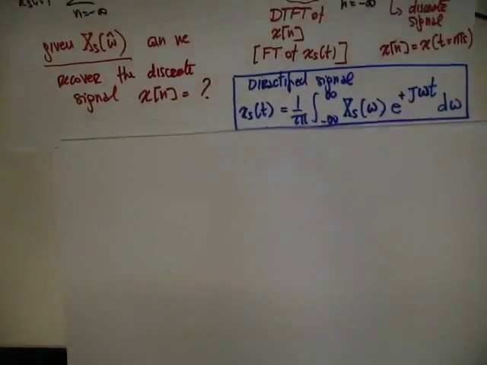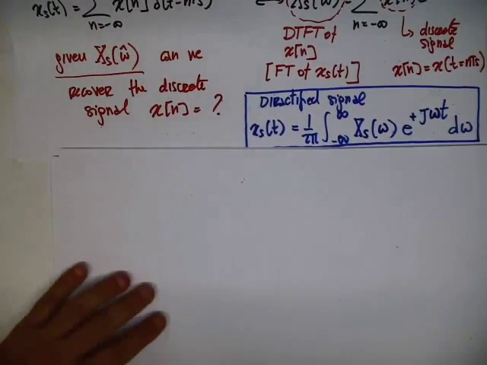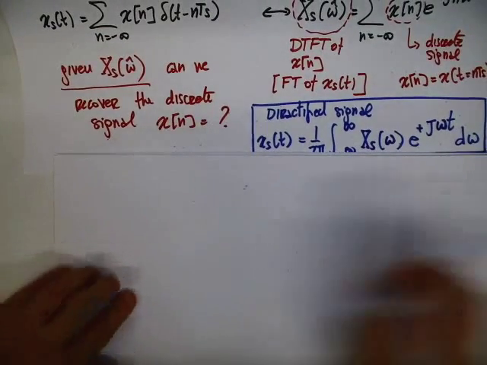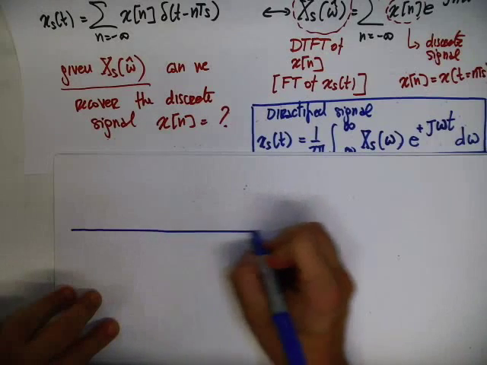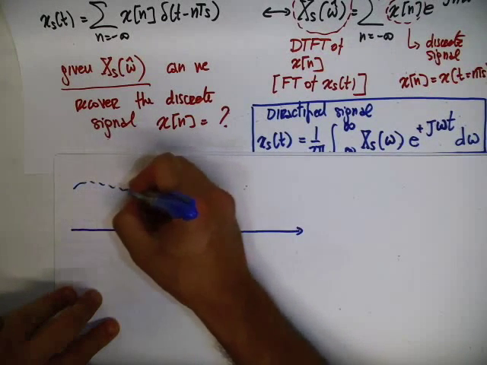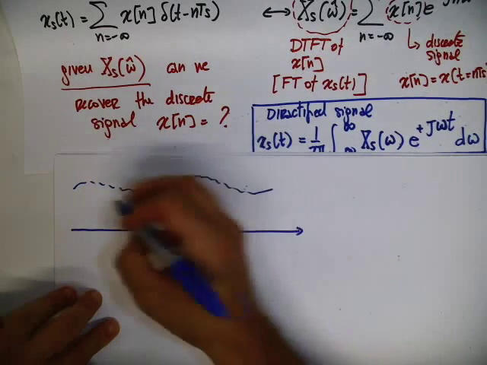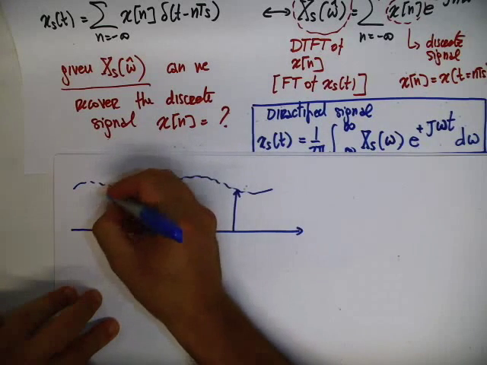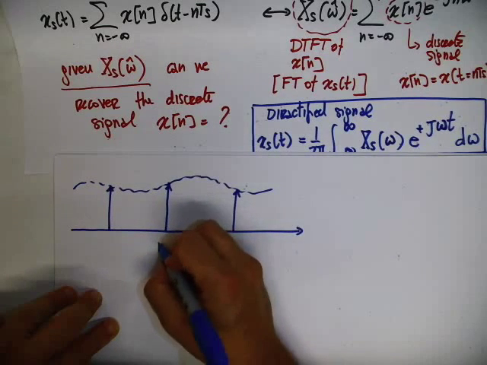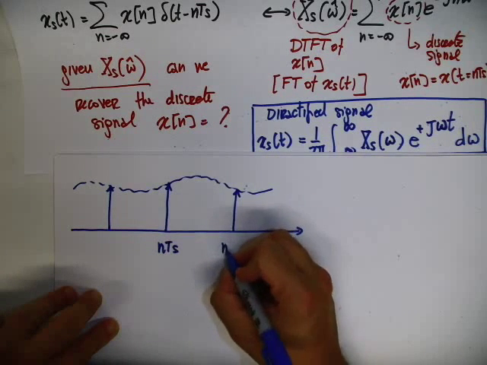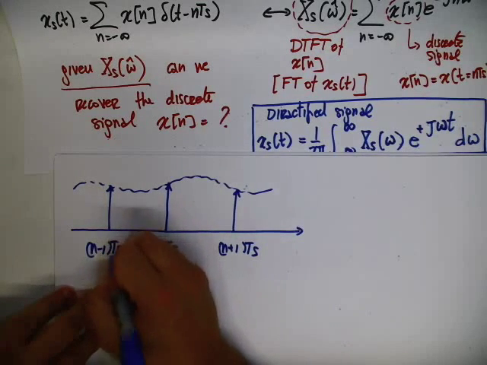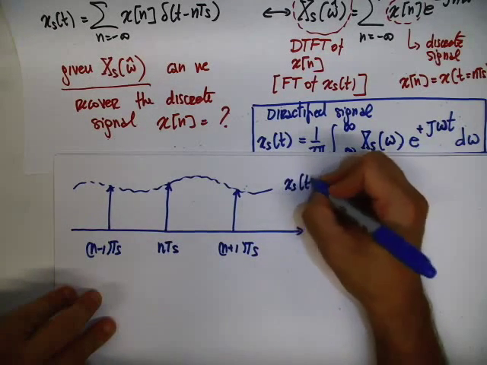Indeed, let's review this part basically. So we have the Dirac-ified signal, at nTs, (n plus 1)Ts, (n minus 1)Ts. Okay?